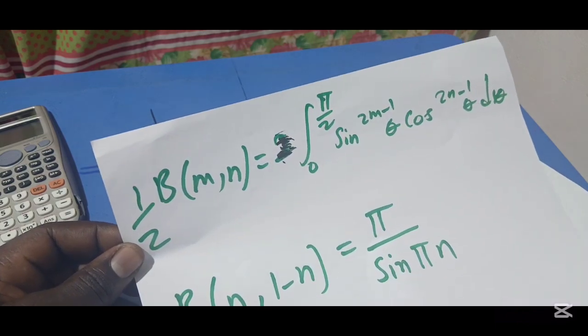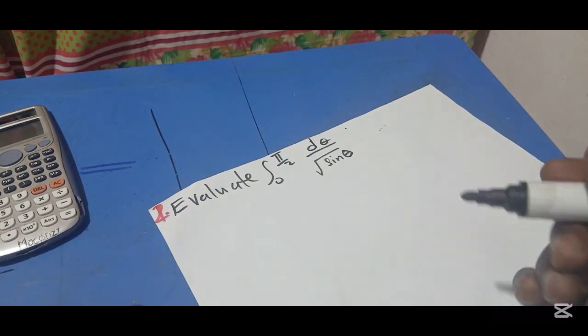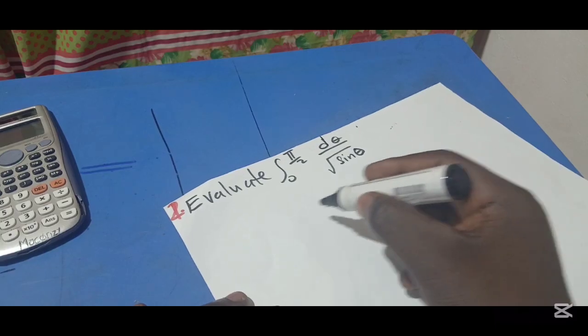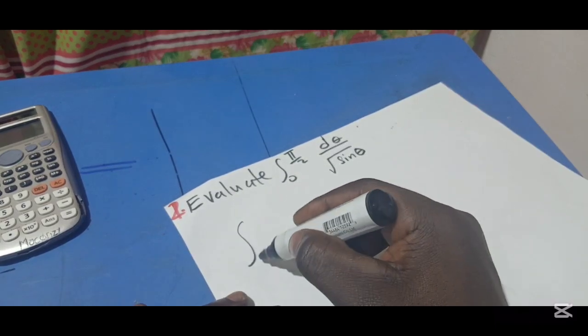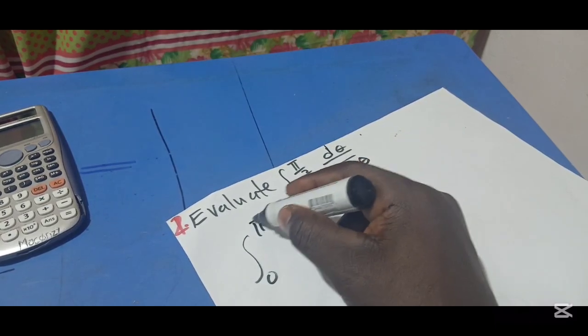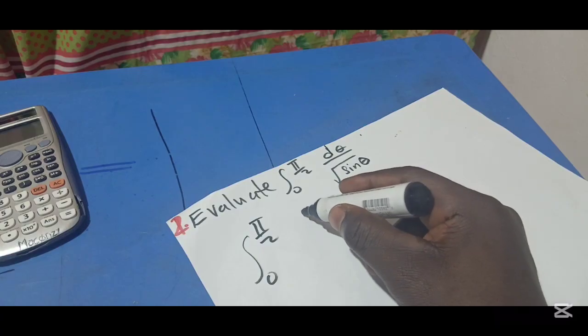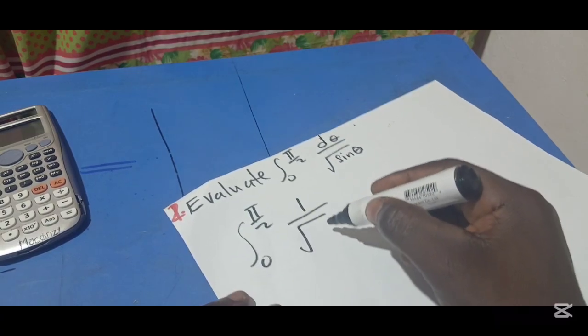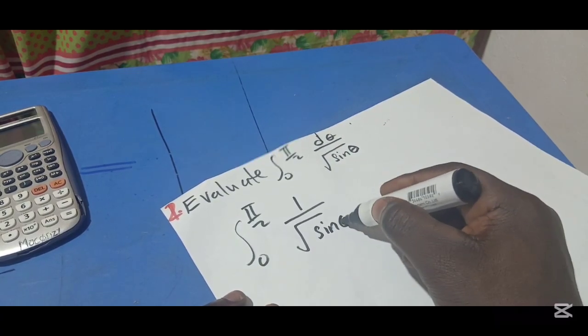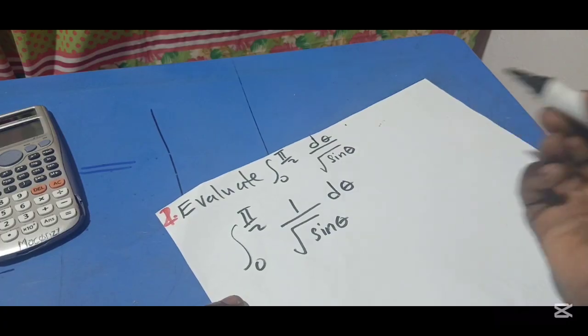So let's continue. I can read out this problem as the integral from 0 to pi on 2 of 1 on the square root of sine theta, d theta.